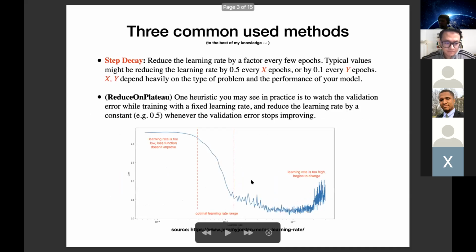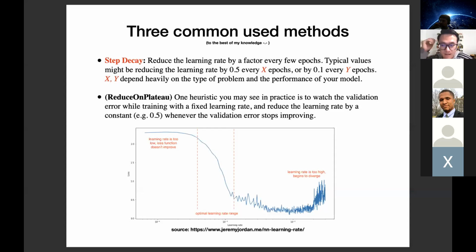There are three commonly used methods for when your learning rate is too low or too high, to help reduce the learning rate. The first way is to reduce the learning rate by a factor every few epochs.